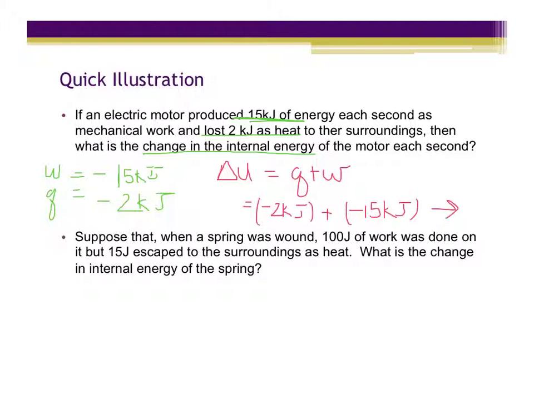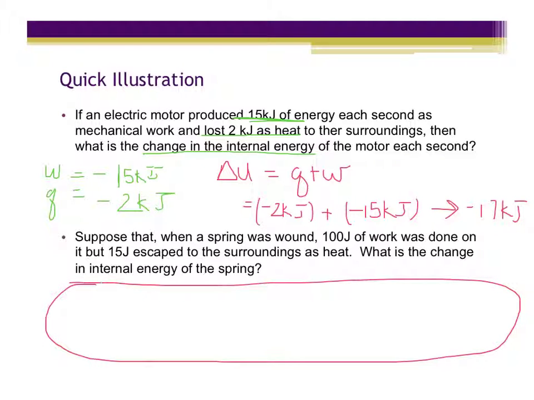So our value of the change in internal energy for this system would be negative 17 kilojoules. That's about as simple of a problem as you could ever ask for. So now, here is another one, and this is for you to practice on.